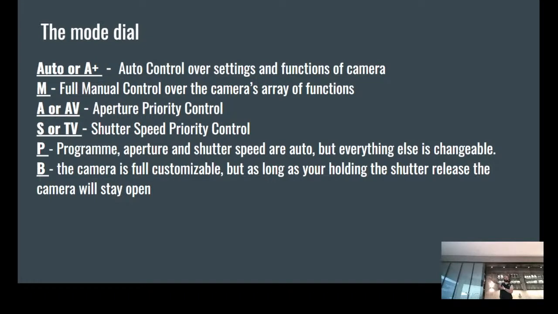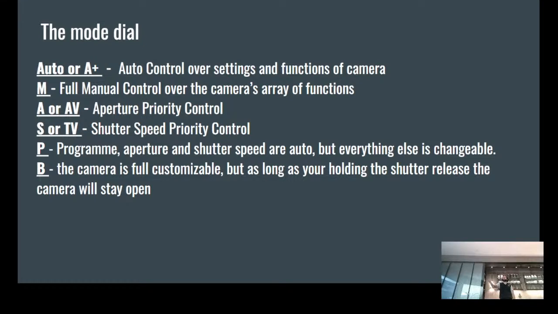Every time you go back to program, it'll always stay on those exact same settings that you left off on. When you bounce to everything else, it's going to change based on how you're changing, or based on how the camera's intelligent auto is reading the scene that you're in. So program is a nice way, if there's a certain setting or a certain maybe feature that you like about the camera, you move to program and it'll always stay like that unless you physically change it.